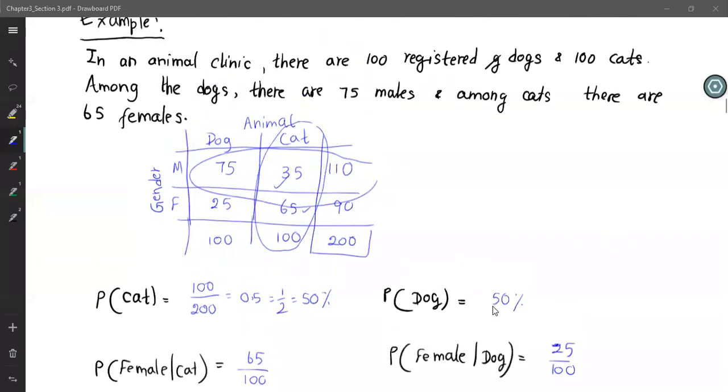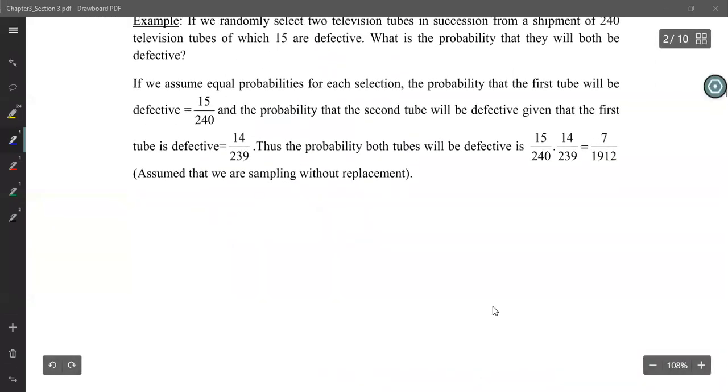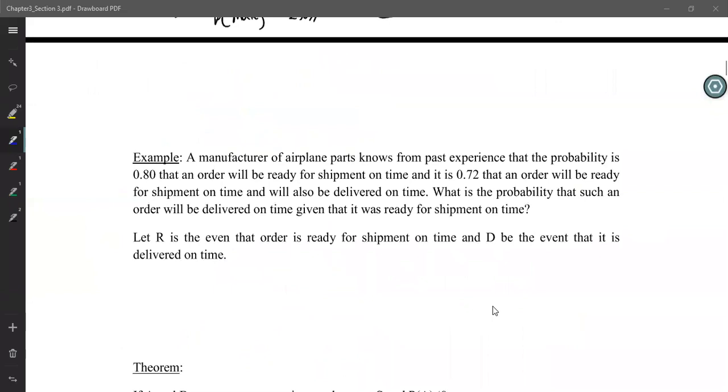Right. Now let's try another example using the definitions. A manufacturer of airplane parts knows from past experience that the probability is 80% or 0.8 that an order will be ready for shipment on time.